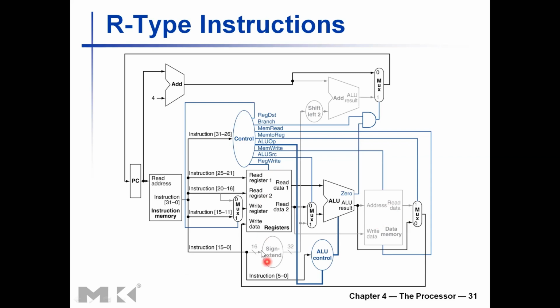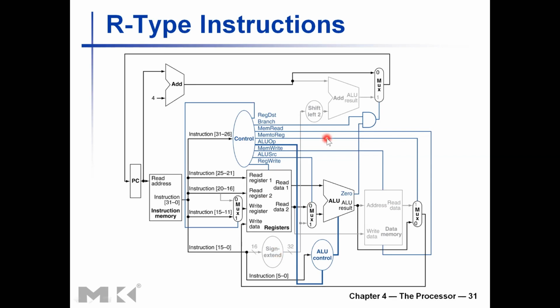The sign extension circuitry, which is a very simple circuitry, like we discussed in the previous class, is also not used by R-type instructions because R-type instructions don't have immediate values.